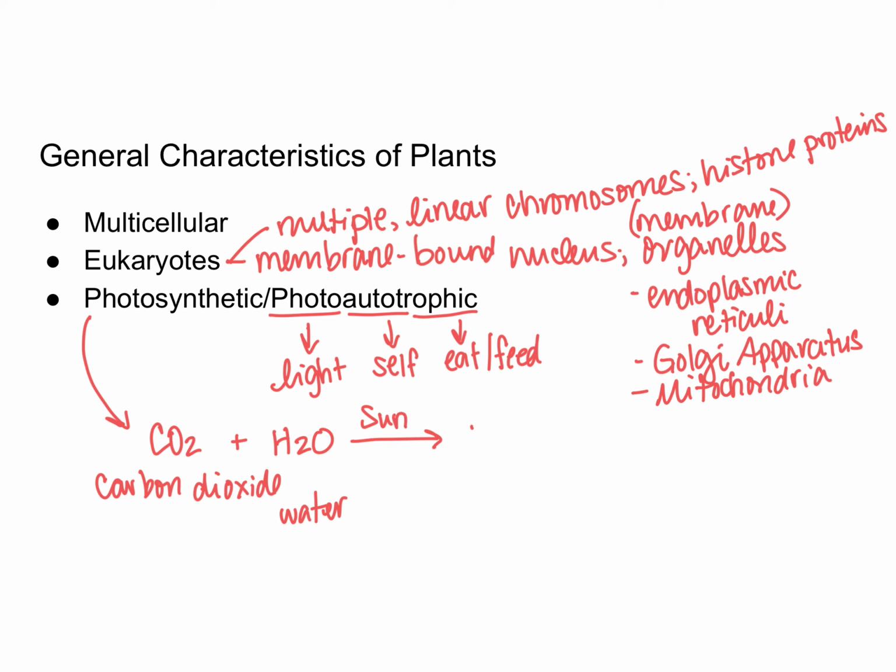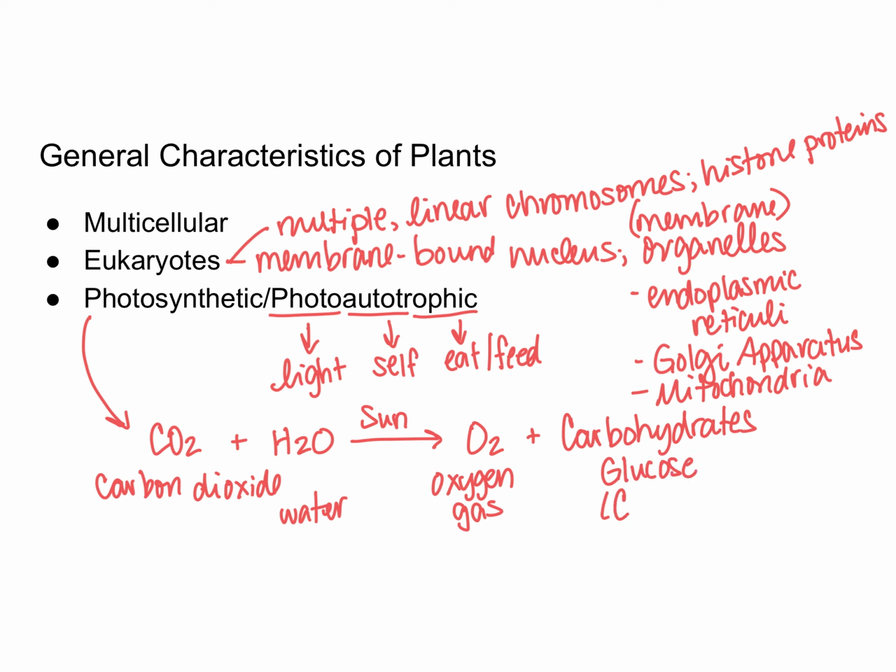And it produces O2, which is oxygen gas, and carbohydrates. And we usually talk about the specific carbohydrate of glucose, which is C6H12O6.